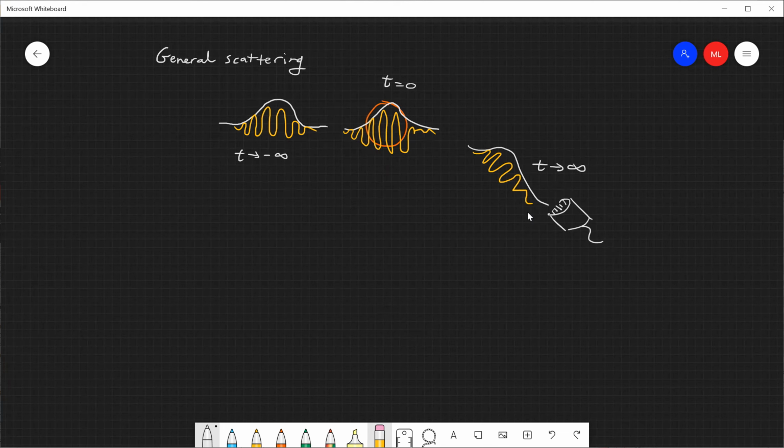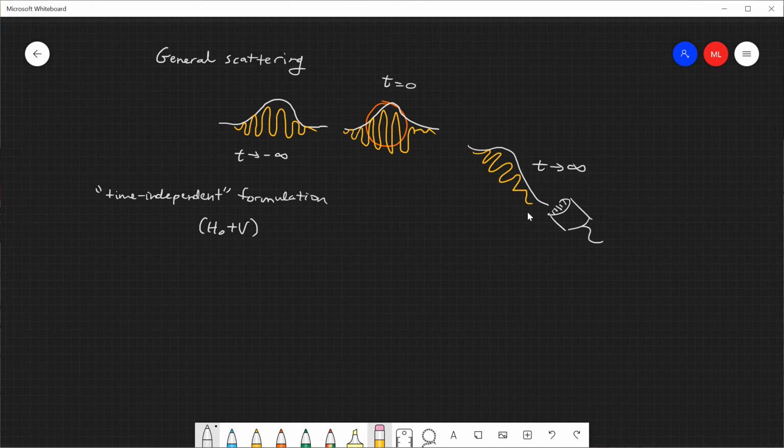So let's look at the time-independent formulation. Again, the formulation involves just setting up the right boundary conditions to interpret those time-independent solutions as the scattering solution. The basic thing we do is solve the Schrodinger equation.